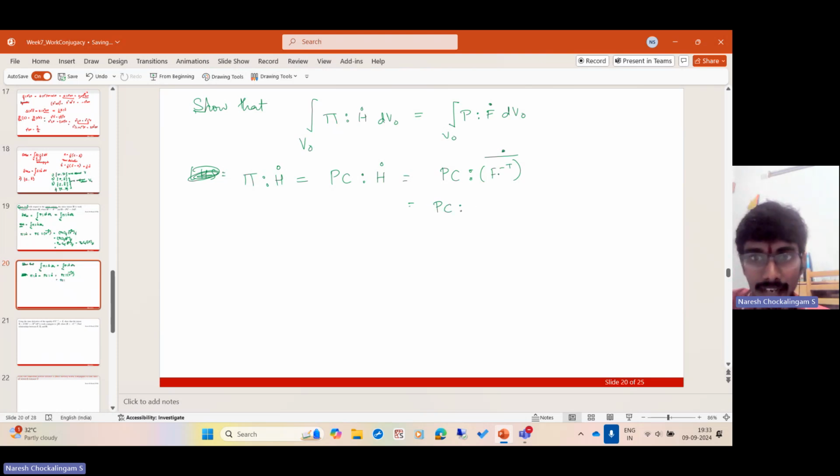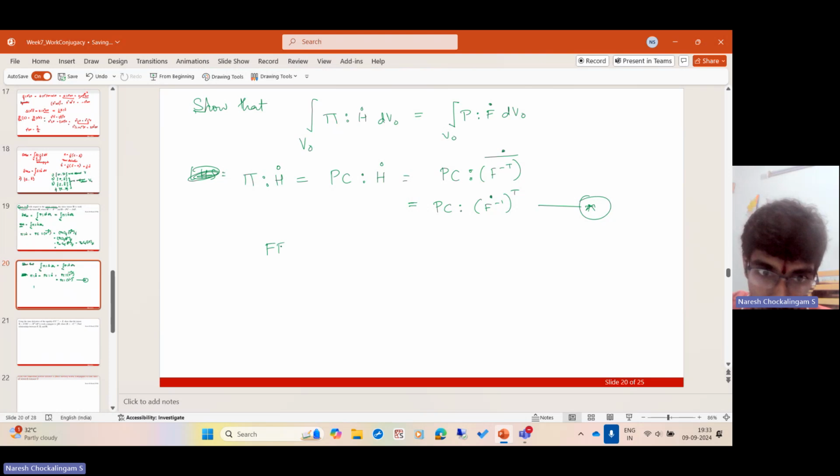The dot and transpose can be changed, so this is nothing but F inverse dot the whole transpose. Have this as equation star.